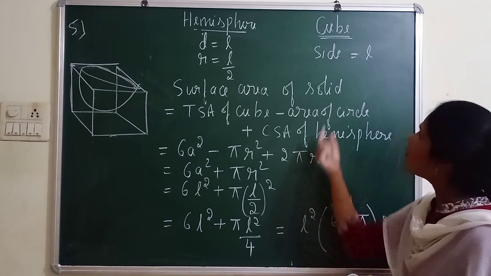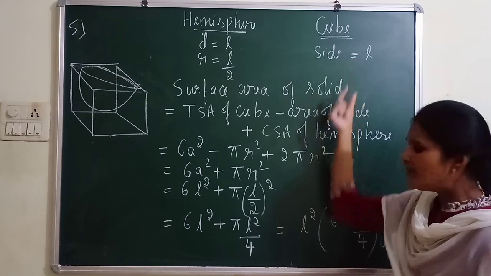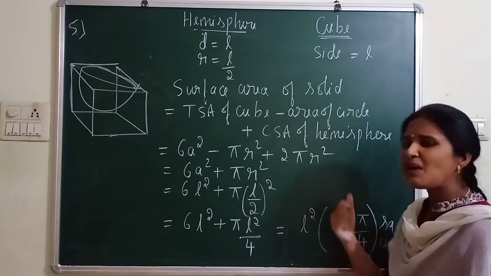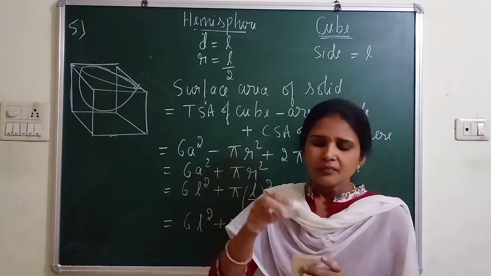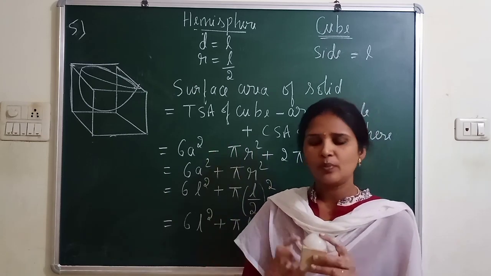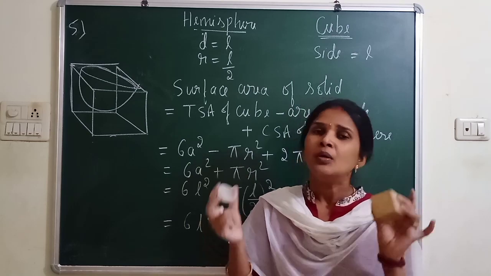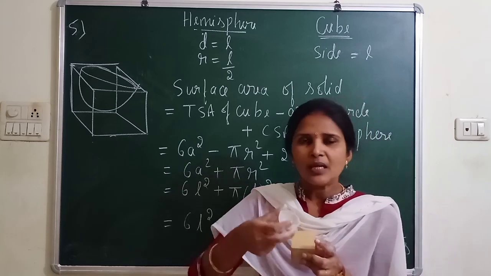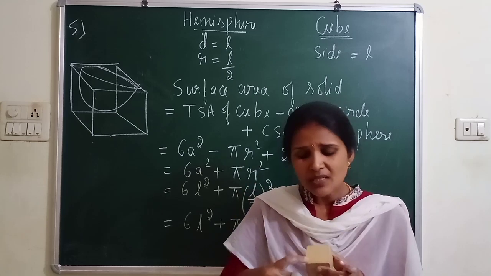For the 4th question, just substitute the dimensions. Here L is nothing but the side. Whatever side you had in question number 4, substitute it here, calculate 522 by 7, and we get the same answer as in question number 4. So what I am trying to tell is, when a hemispherical block is mounted on a cubical block or a depression is made in a cubical block, both concepts remain the same. Imagine there is a hemispherical depression on the top, but you can still see the corners.